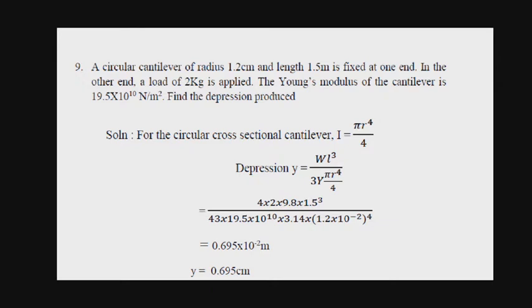So solution: for the circular cross-sectional cantilever, formula is I is equal to pi r to the power 4 divided by 4. So depression formula is small y is equal to WL cube divided by 3 capital Y into I. I is pi r to the power 4 divided by 4.